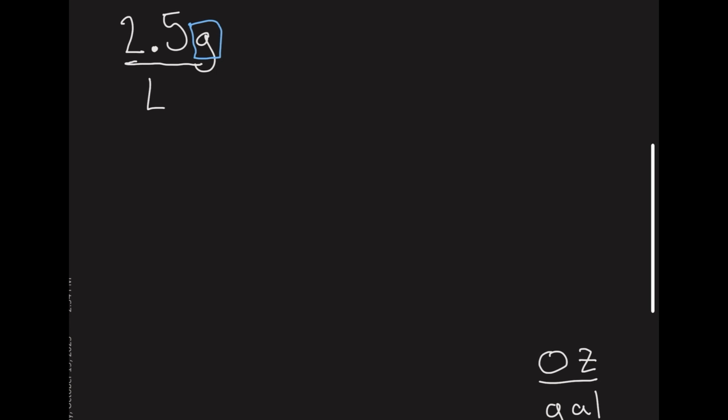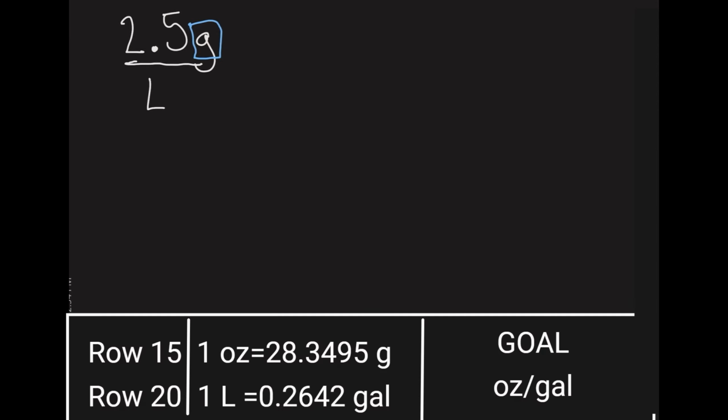Now that is located in row 15. It says 1 ounce is equal to 28.3495 grams. So this is given.